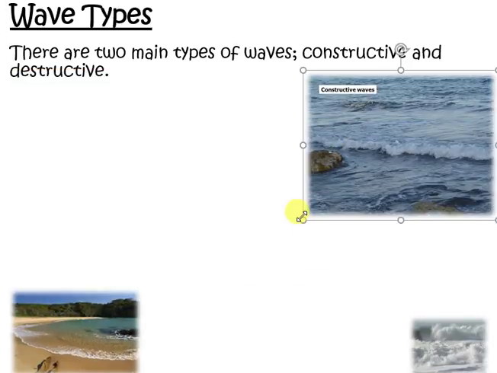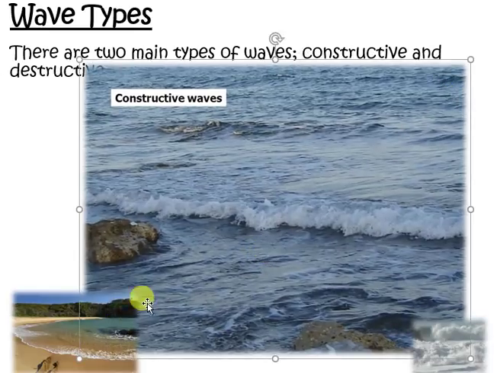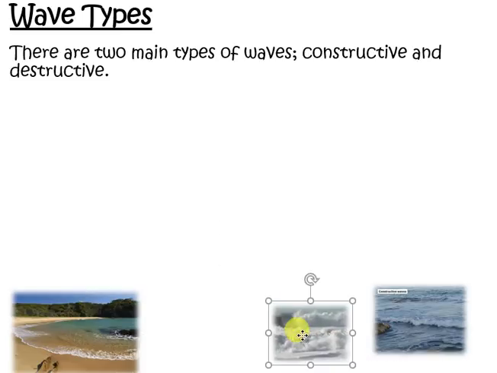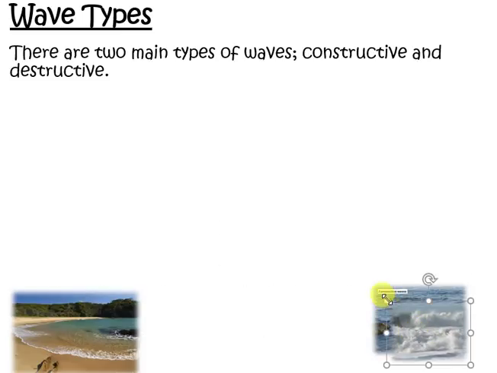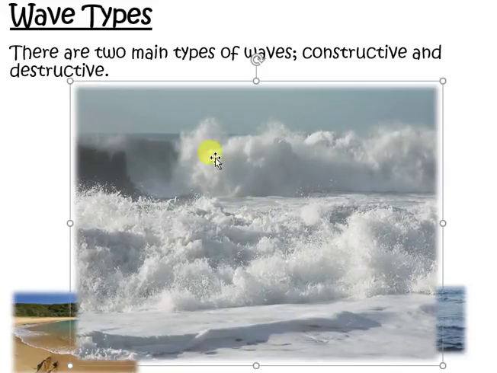Just another example just here. Surging waves, strong swash, weak backwash. On the other hand, you get more higher energy, destructive waves, which have got a much larger or longer wave height.